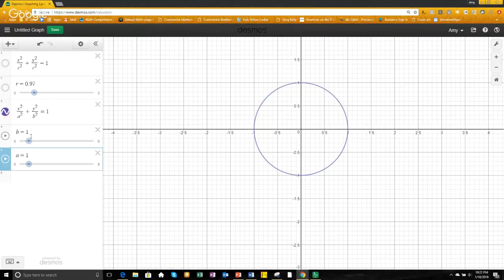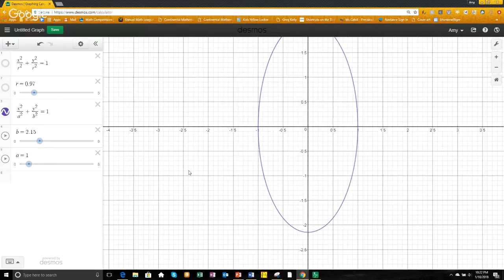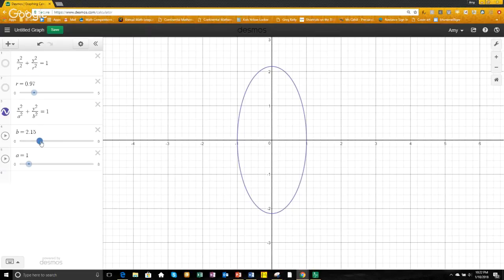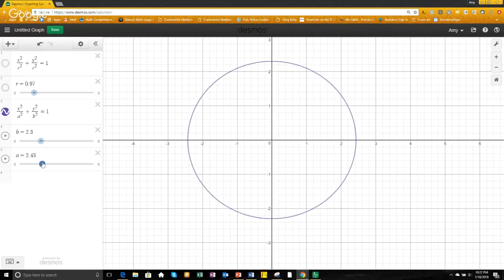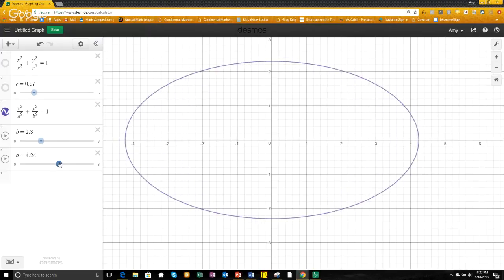Now, what happens if I increase b? That looks like it might be the stretch in the y direction, b. Do you see how that might be stretching the y direction? And then let's say I mess around with a now. That looks like it could be the stretch in the x direction.